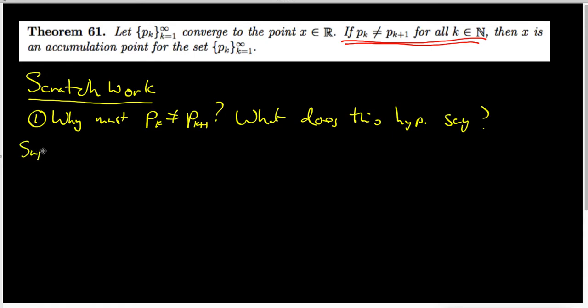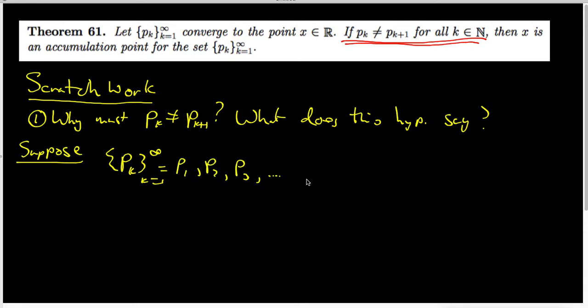So suppose for just a minute that we have a sequence of p_k's that looks like, I don't care what p_1 is, p_2 is, p_3 is, but eventually I get down to p_n, and then the rest of the sequence is just c, c, c, c, c, forever and ever.